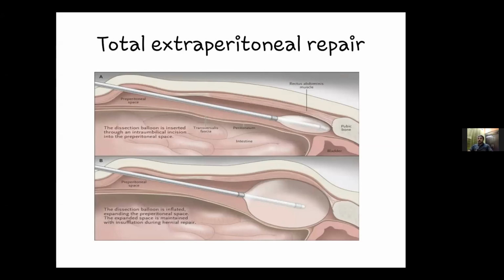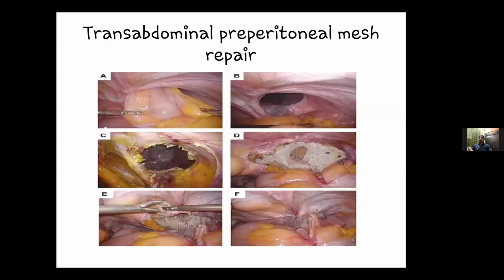In transabdominal preperitoneal repair, the surgeon enters the abdomen, and at the neck of the hernial sac an incision is made, and the peritoneum is dissected away from the muscle and enters the same exact preperitoneal space as total extraperitoneal repair, and from there the mesh is placed.